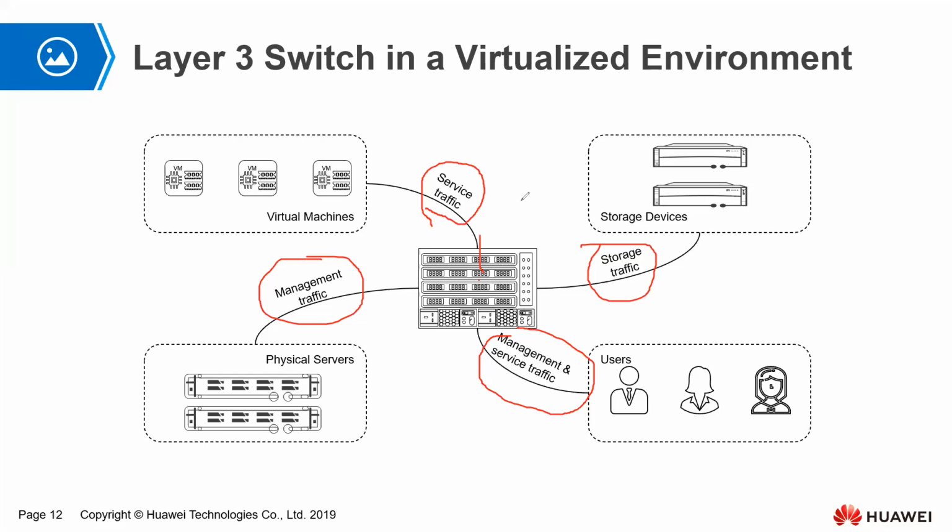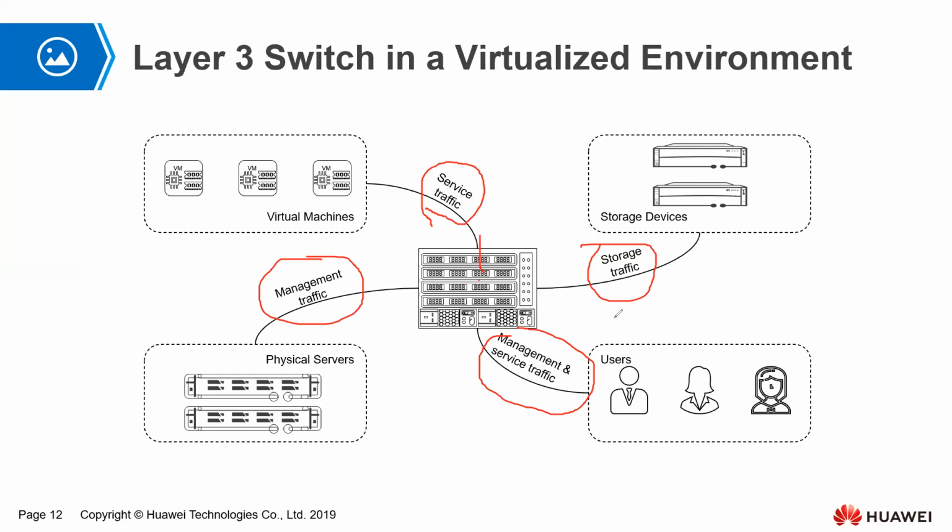When a server accesses the storage devices, storage traffic is also produced. When you are an operation and maintenance manager and you manage servers, virtualization devices and storage devices, maybe change some configuration, add some, delete some, then management traffic is produced.